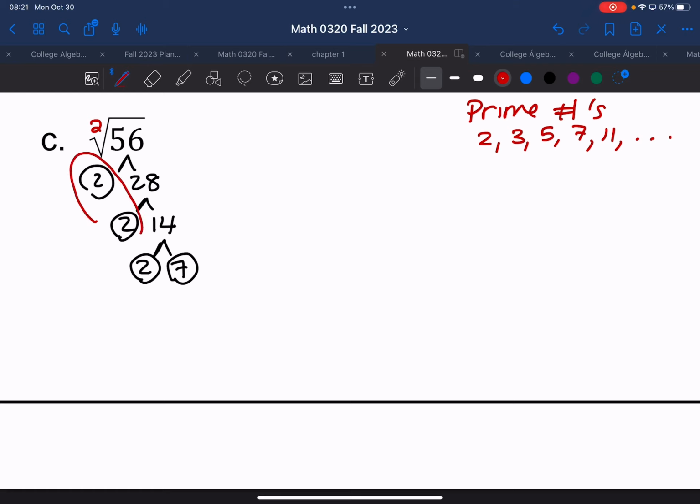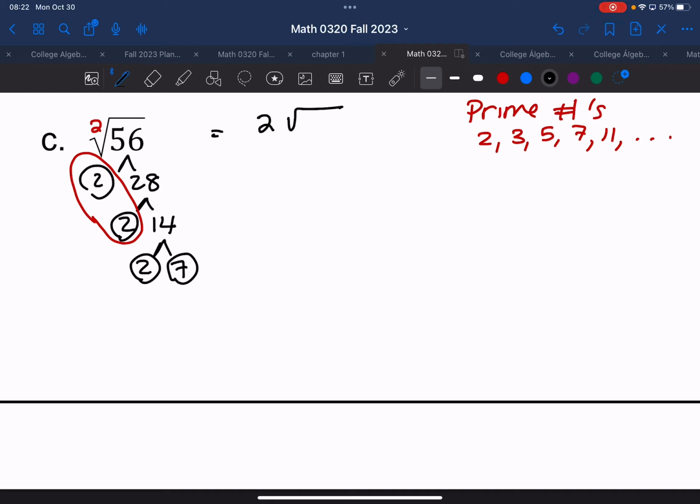So we have a pair of 2's here. Do we have any other pairs that we can circle? No. Remember, the pair that we circle, we take out one of them, and that goes where? Outside of the radical or inside? Outside. So this is equal to 2 square roots of, what goes on the inside?